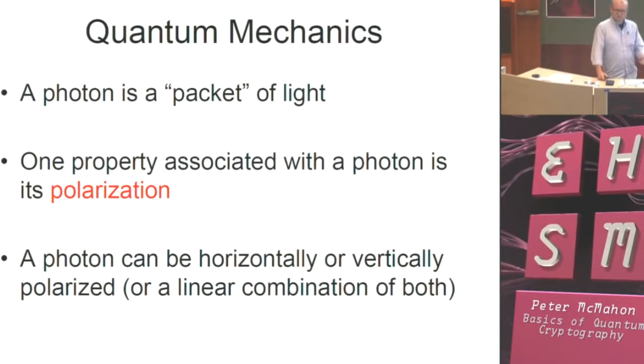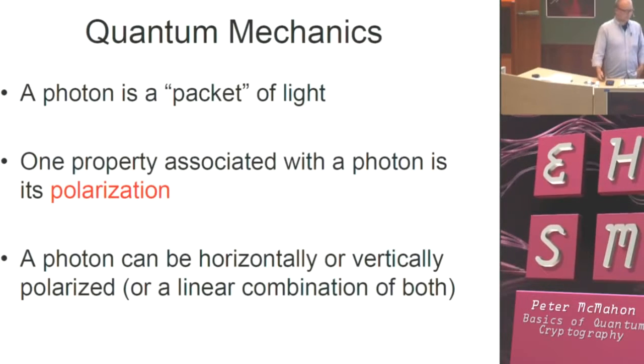I guess everybody who studied electrical engineering here, and certainly those who studied physics, will have seen polarization before in an electromagnetics class, where polarization just refers to the orientation of the electric or the magnetic field of the propagating electromagnetic wave. And you can think of a photon, for example, being either horizontally or vertically polarized. Of course, it can also be circularly polarized or elliptically polarized.